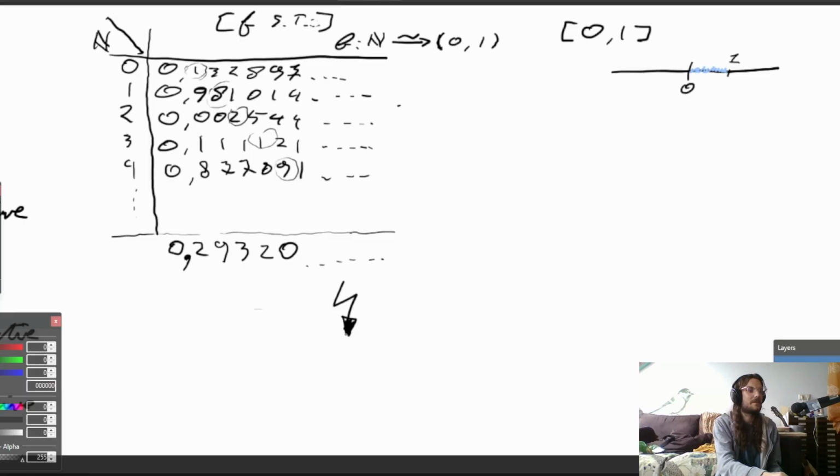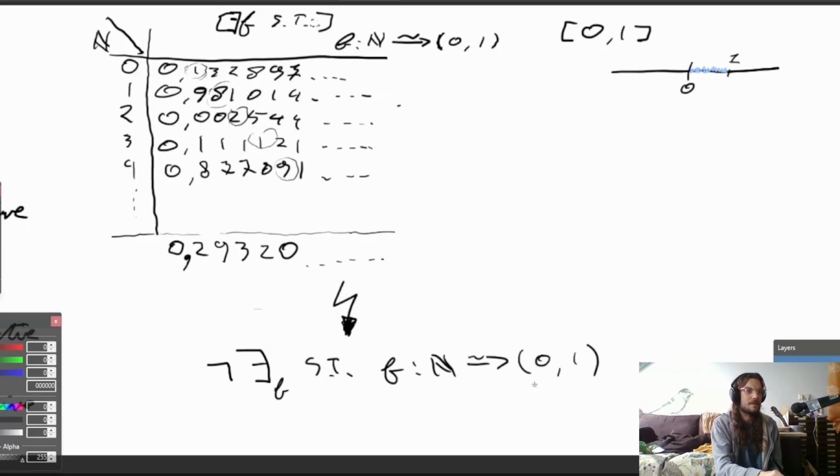So here we reach our contradiction, and we conclude that, so here this was an assume there exists an f, and we conclude there exists no f such that f goes from n bijectively to the interval from 0 to 1.